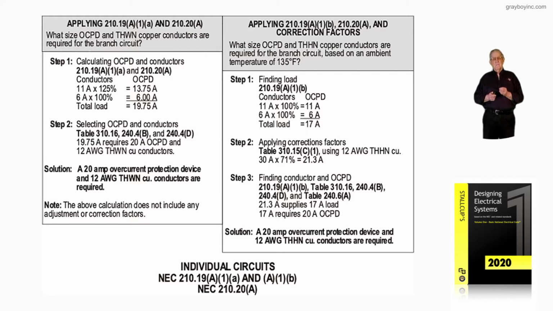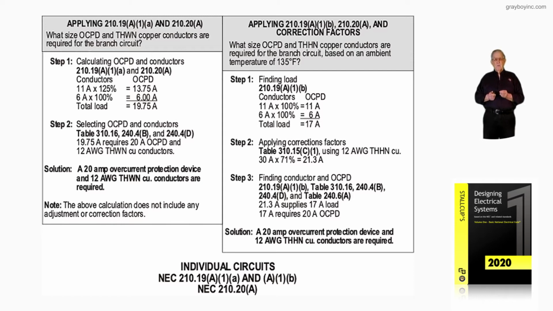So as designing engineers and electricians say, this circuit is routed through an area of paradise because we do not have to worry about correction factors or adjustment factors in any way. But now when we review to the right, we're going to look at it where we have adjustment factor or correction factor involved.